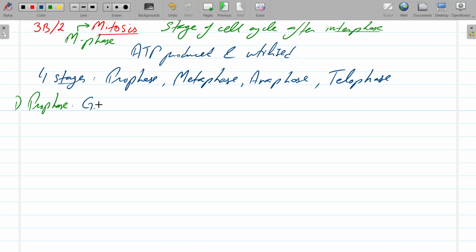So the genetic material has already replicated during the S phase of interphase.